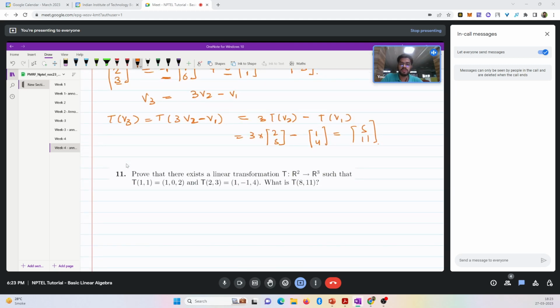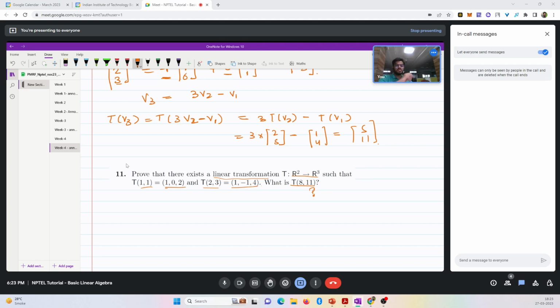Let's see one more example where we have to find a similar thing. Now what they are saying is, prove that there exists a linear transformation T of R2 to R3 such that 1, 1 goes to 1, 0, 2 and 2, 3 goes to 1, 1, minus 4. And again they have asked you to find T of 8, 11.